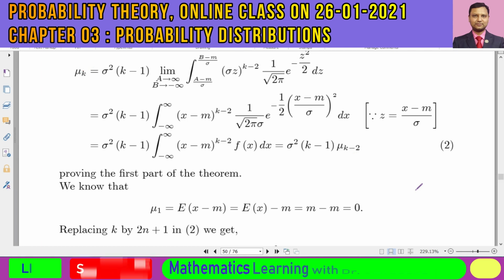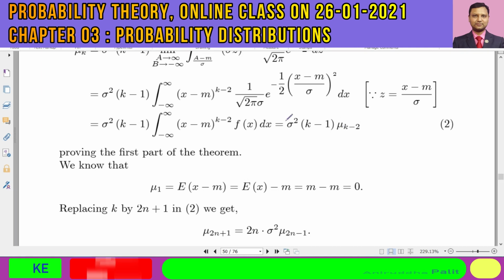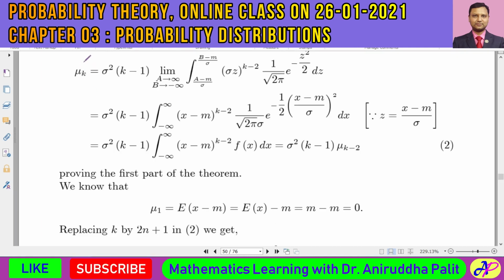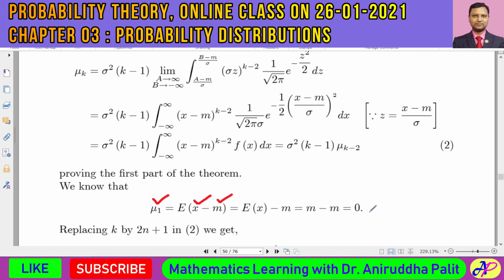Okay. And so if we consider k equal to 3, we will have mu 3 here, and over here we will have mu 1. Now, what is mu 1? Mu 1 means the expectation of x minus m, and we all know that mu 1 is always equal to 0 for any random variable.